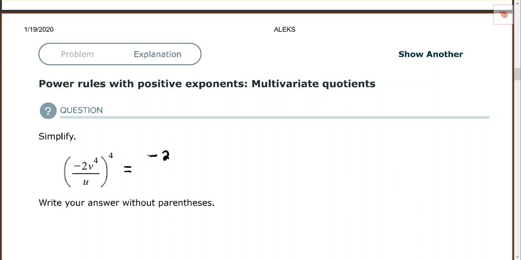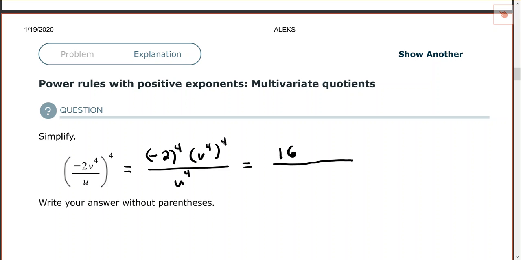So now we have negative 2 to the fourth power, v to the fourth power raised to the fourth power. And then in my denominator, we have u raised to the fourth power. So everything gets raised to that exponent that's outside of the parentheses. All right, so negative 2 to the fourth power, negative 2 times negative 2 times negative 2 times negative 2, positive 16.